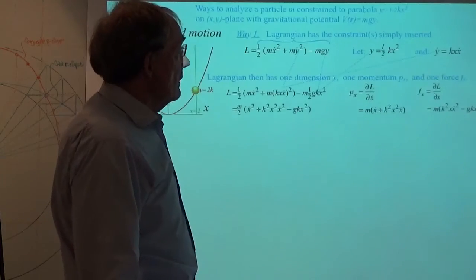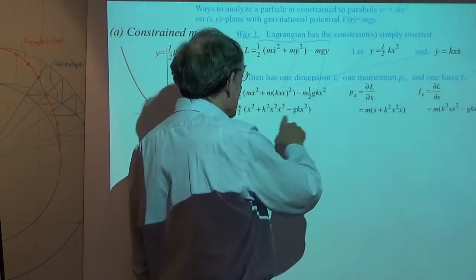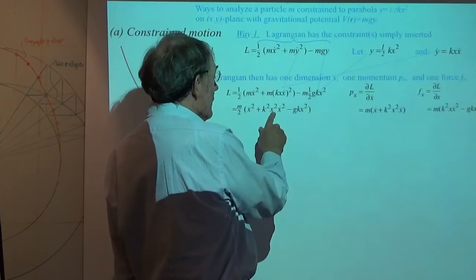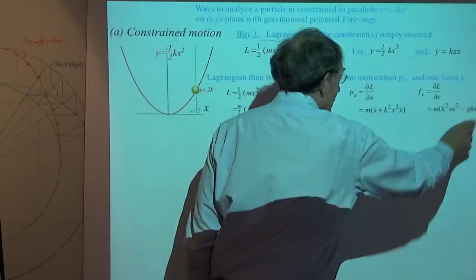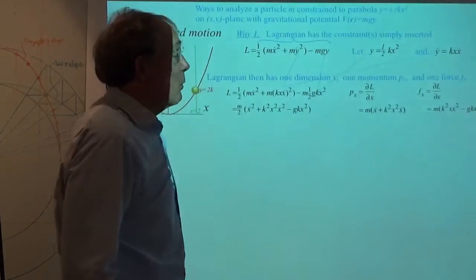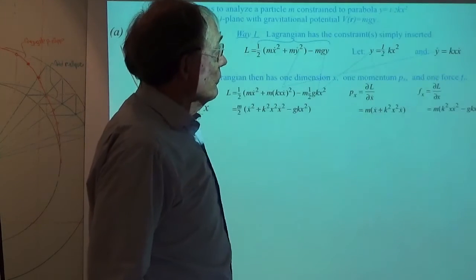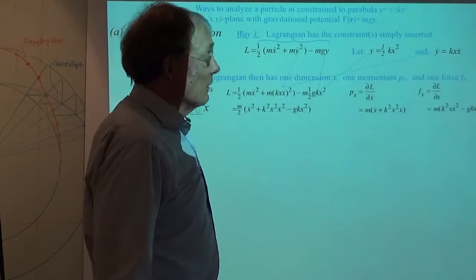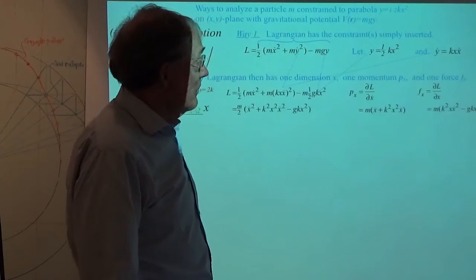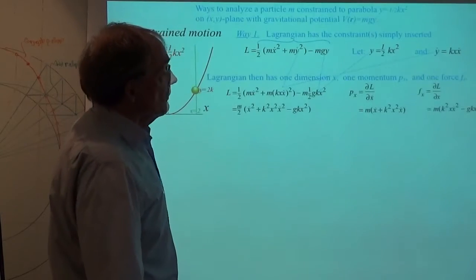And the force on this, the partial derivative of this Lagrangian with respect to x, is this term here and that term there. And we have a product of coordinate and velocity squared, in addition to the usual force that would be a Hooke's law force, F equal to a constant with a minus sign times the distance x.